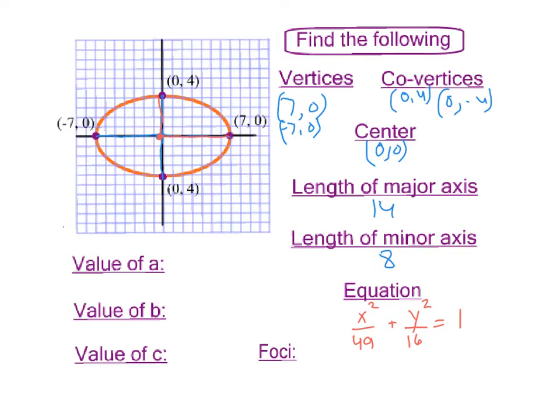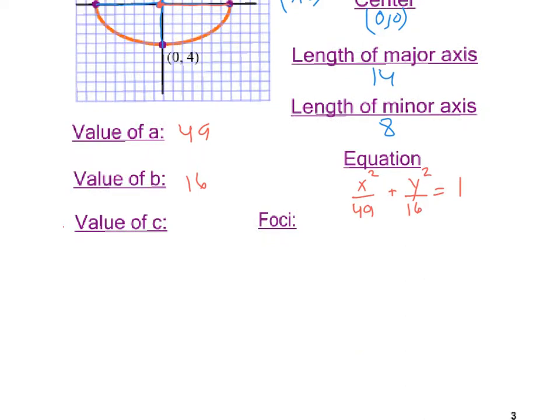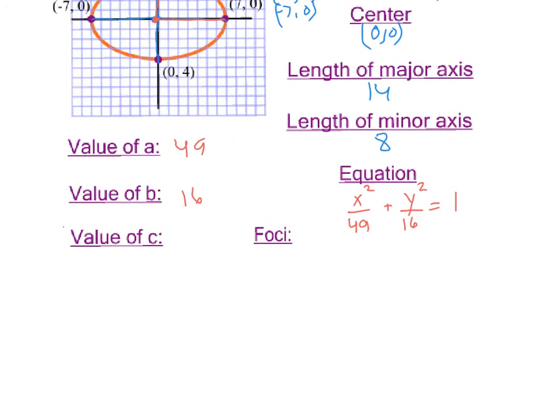So we know the value of A, it's 49, the value of B, it's 16, and then C is going to be, through the formula, C squared equals A squared minus B squared. And this one, we're not going to get a negative number, so we don't have to worry about the absolute value, but if we did get a negative number, we'd be thinking about that.